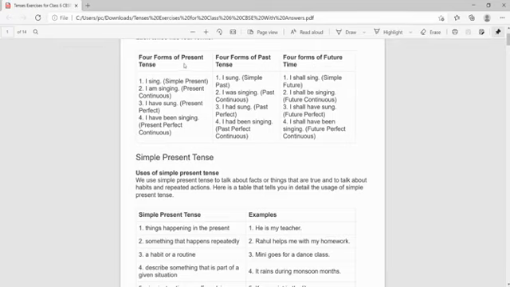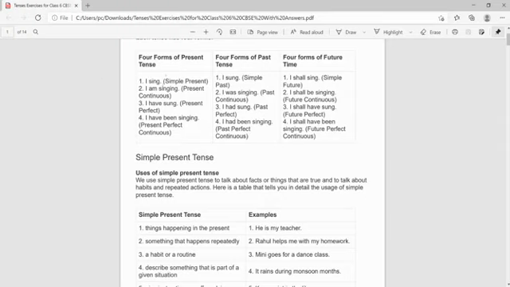So I repeat again, present means the thing that is continuing, that is happening. Past means the thing that has happened, and future means the thing that will happen.